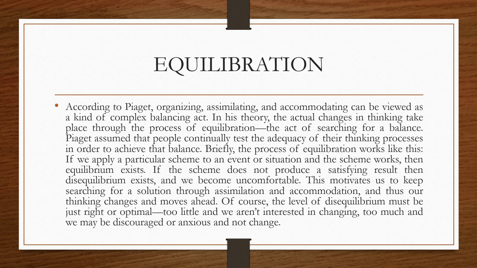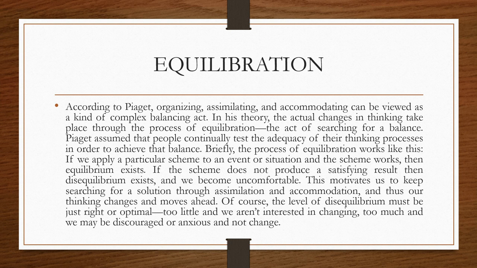Similarly, Piaget assumed that people continually test the adequacy of their thinking processes in order to achieve balance. Briefly, the process of equilibration works like this: if we apply a particular scheme to an event or situation and the scheme works, then equilibration exists. If the scheme doesn't produce a satisfying result, then disequilibrium exists and we become uncomfortable.